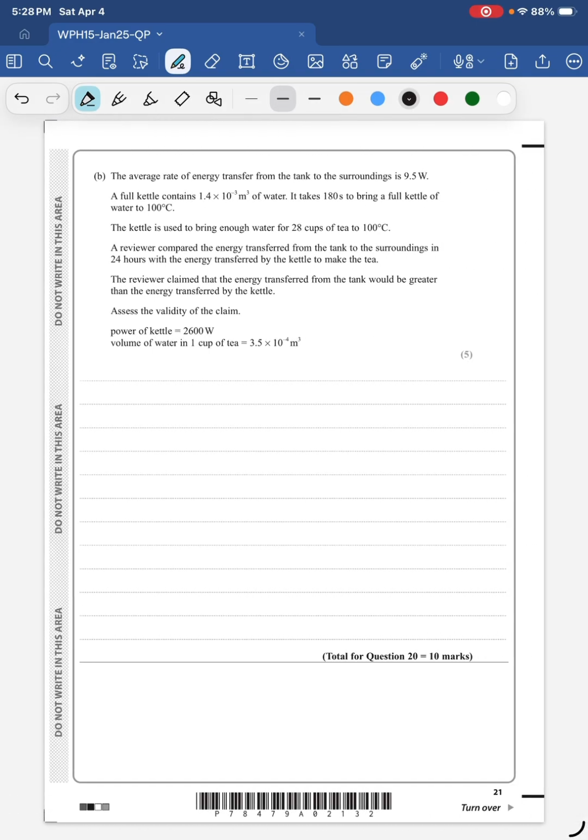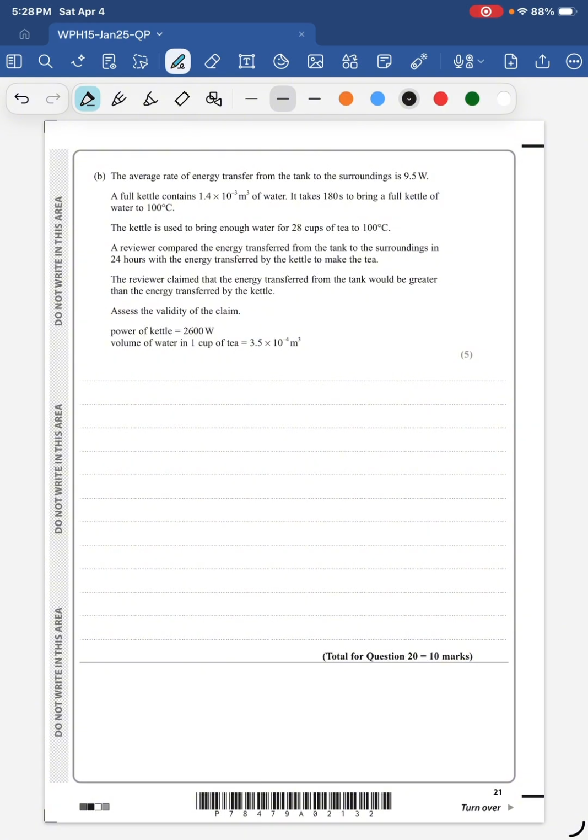Part B, the average rate of energy transfer from the tank to the surroundings is 9.5 watts. A full kettle contains 1.4 times 10 to the negative 3 cubic meters of water. It takes 180 seconds to bring a full kettle of water to 100 degrees Celsius. The kettle is used to bring enough water for 28 cups of tea to 100 degrees Celsius.